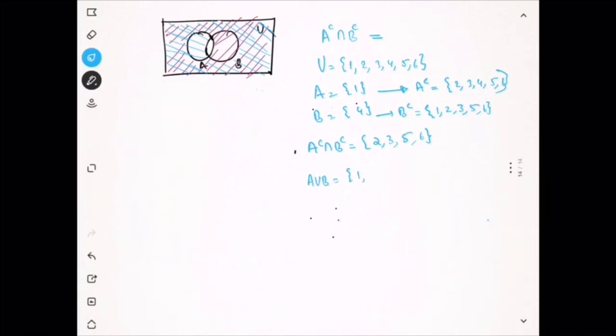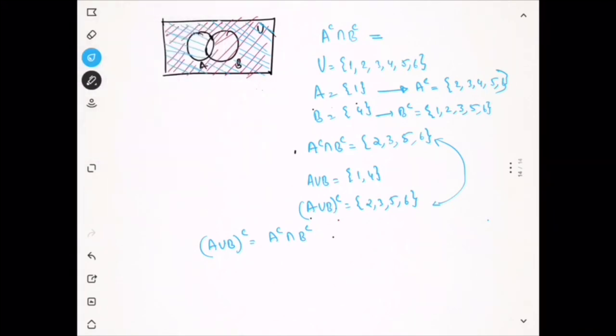A union B is 1 and 4, right? And we will also calculate A union B whole complement, which is nothing but 2, 3, 5 and 6. Okay, so you can see that these both are equal. So we can conclude that A union B whole complement is nothing but A complement intersection B complement.